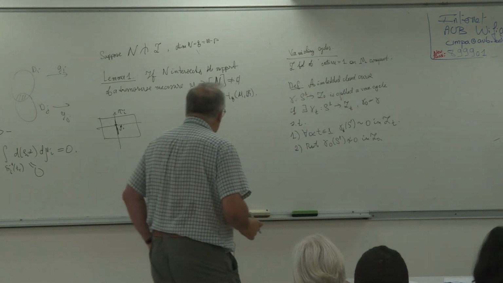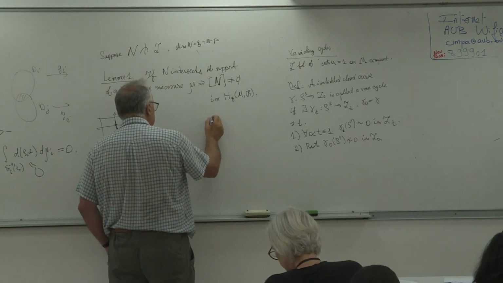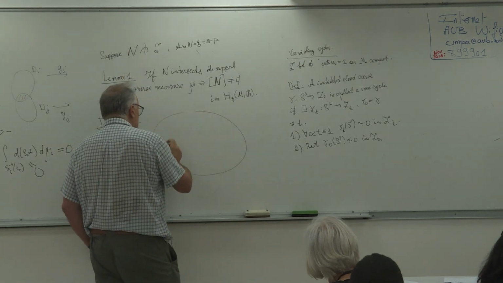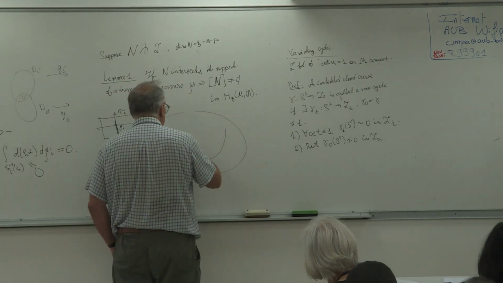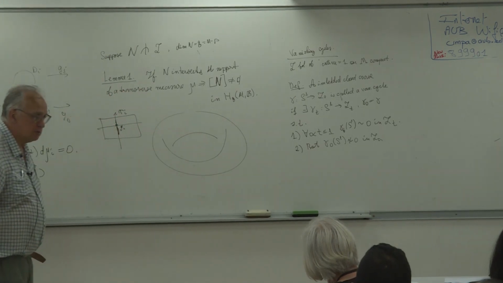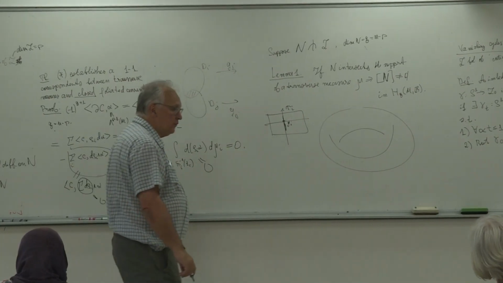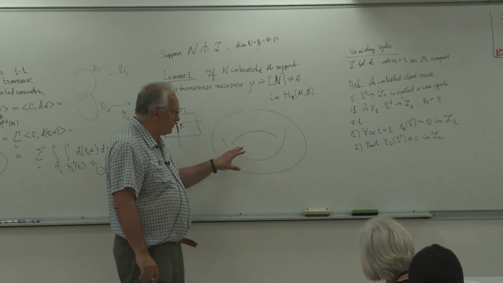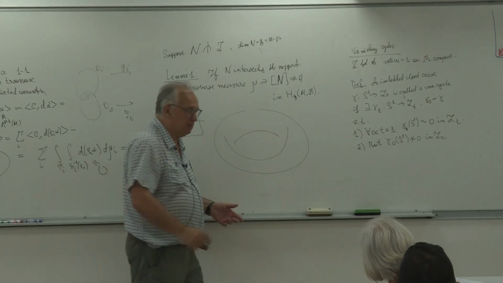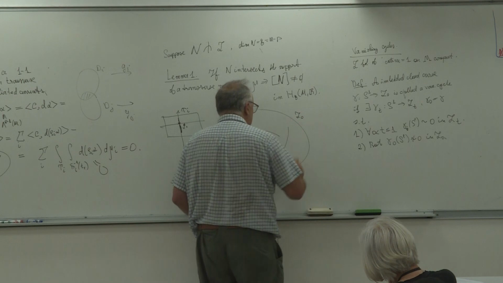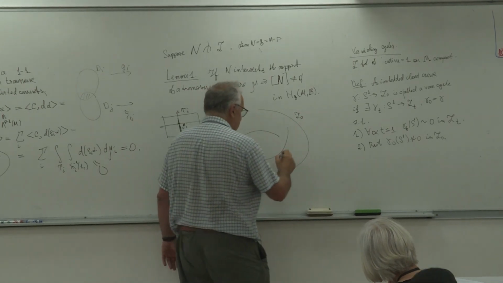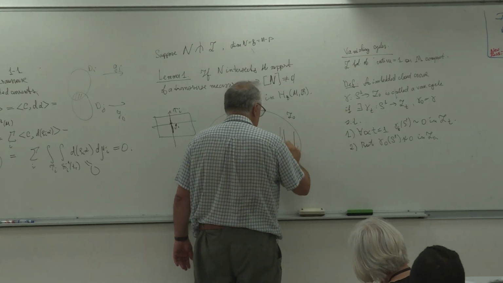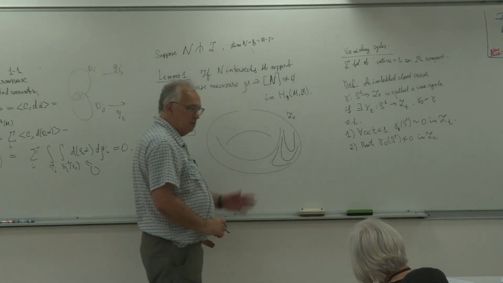Well, let me give an example. Consider a solid torus in R3, the usual torus. And the foliation will be the following. The surface of the torus will be a leaf. It will be L0. And all other leaves are like that, and so on.